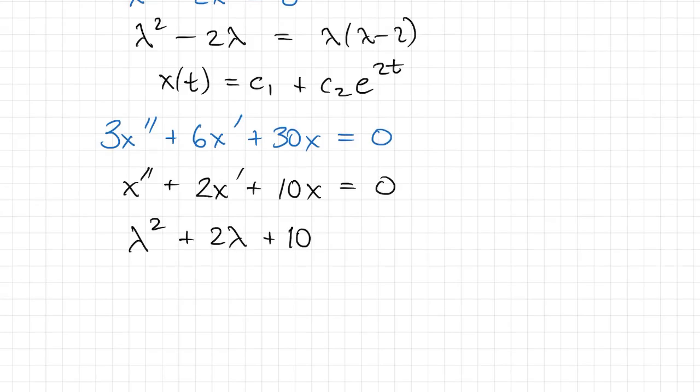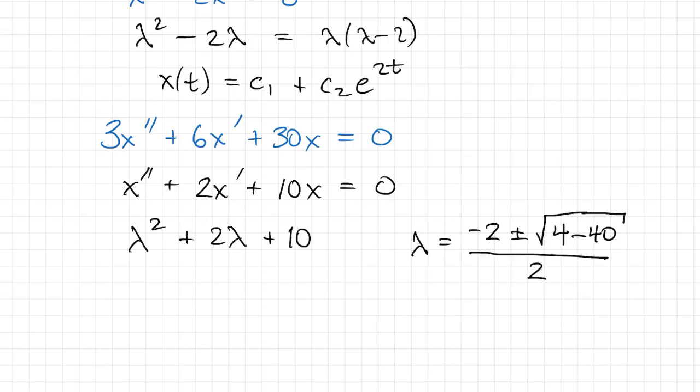On this I'll use the quadratic formula. Square root of 36 is 6, so we just get minus 1 plus or minus 3i.